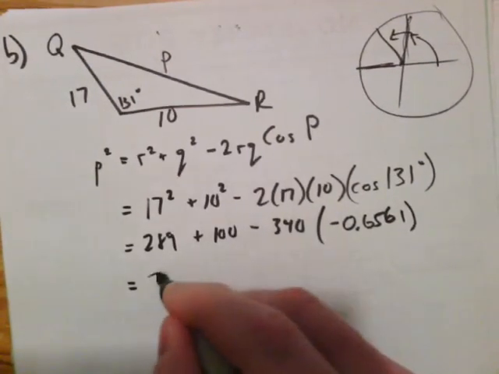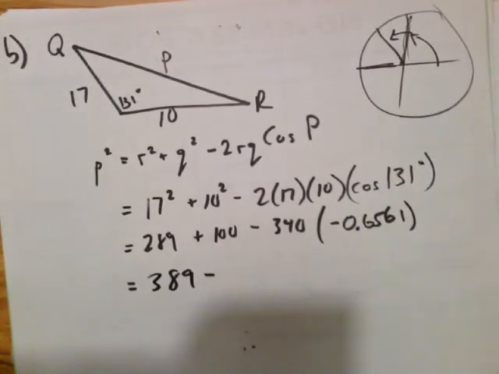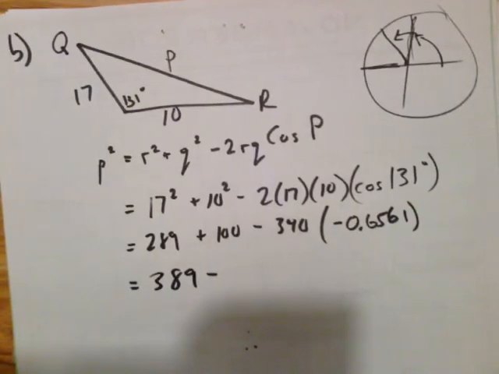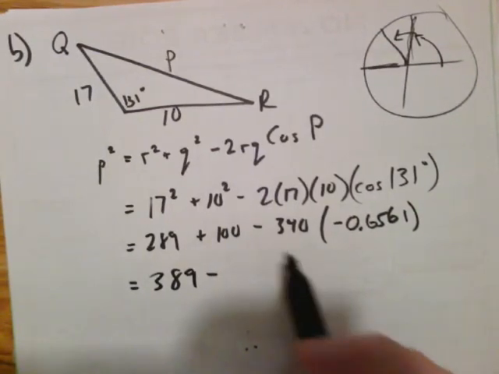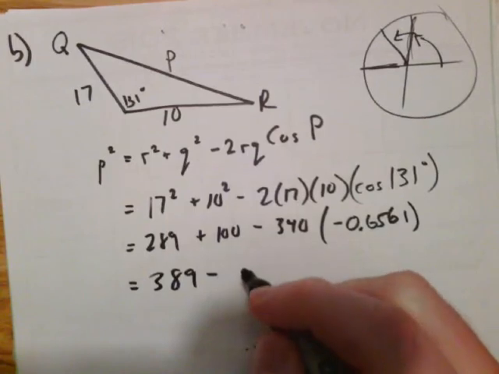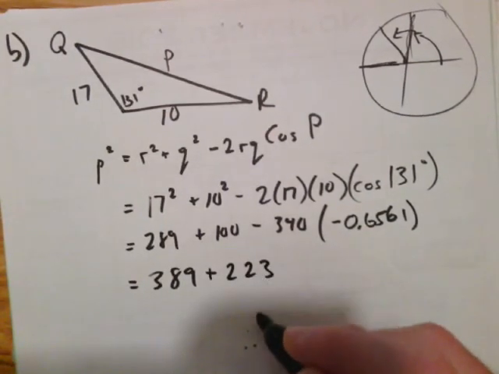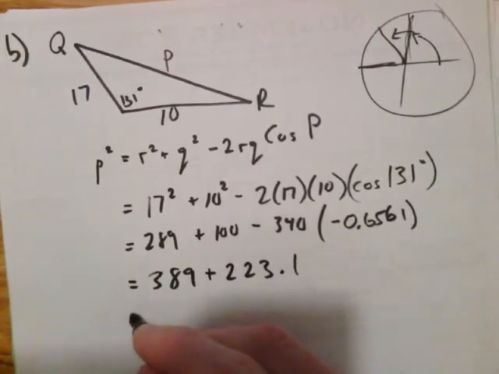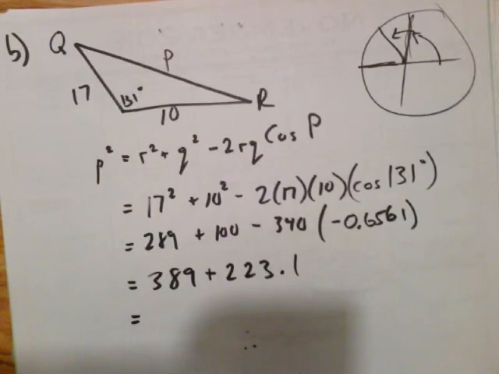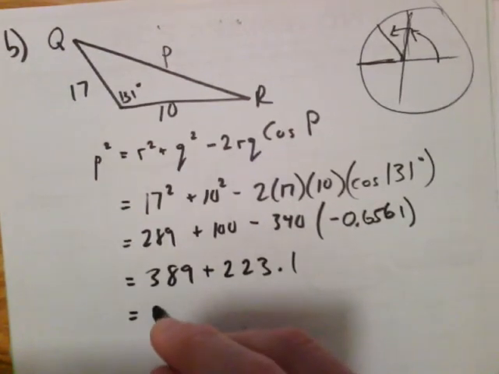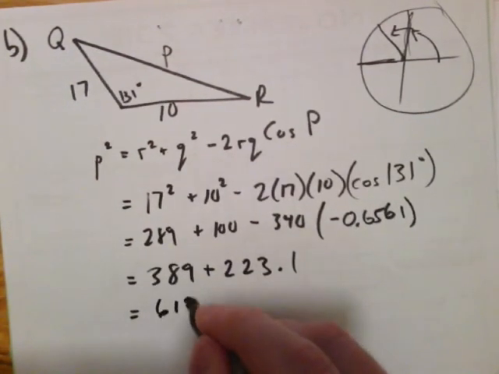Anyway, 389 and 340 times that is 223.1. Sorry, it's going to be plus 223.1 plus 389, which is 612.1.